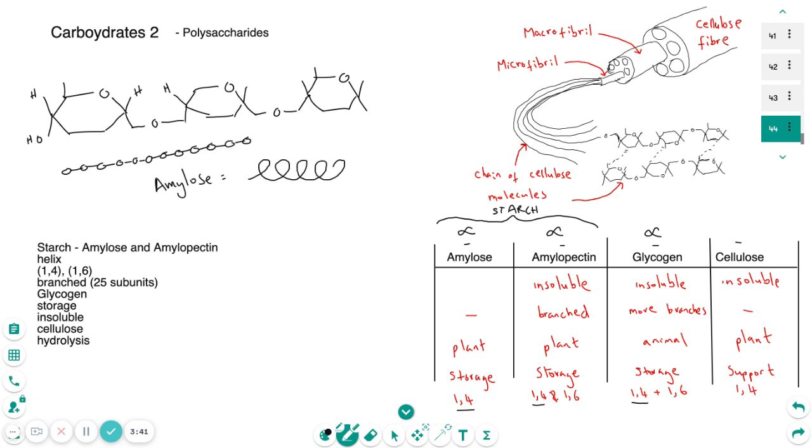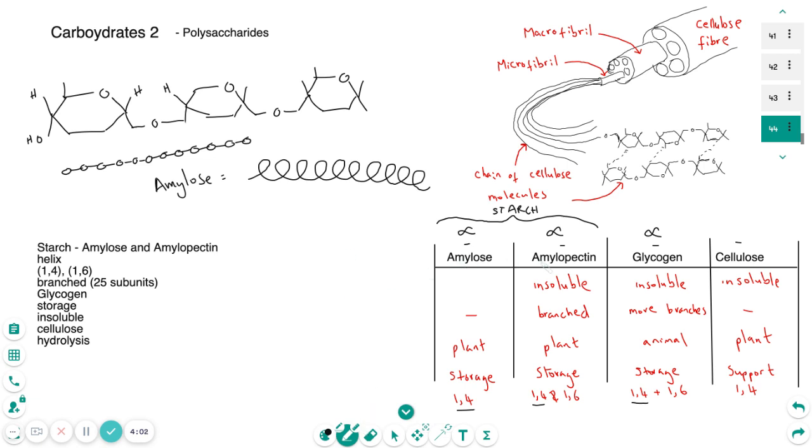It's this big, long, spring-like coiled chain of alpha glucose. And that's useful because in terms of storage, it's very compact. So that's good. If you can squeeze more energy into a smaller space, that's going to be useful.